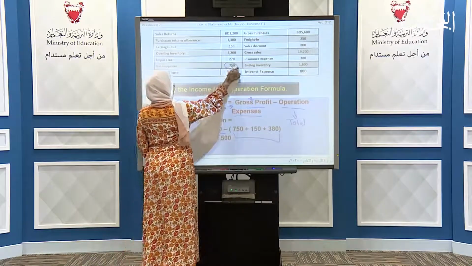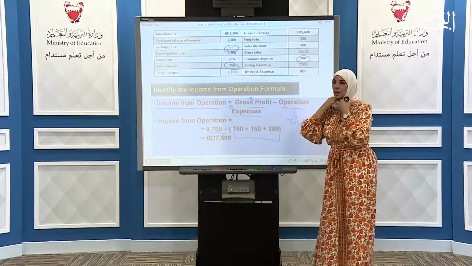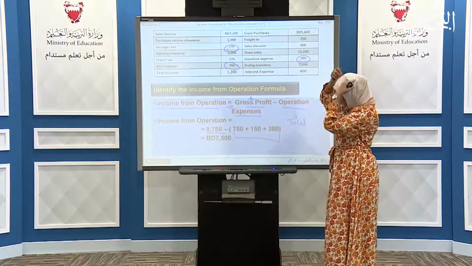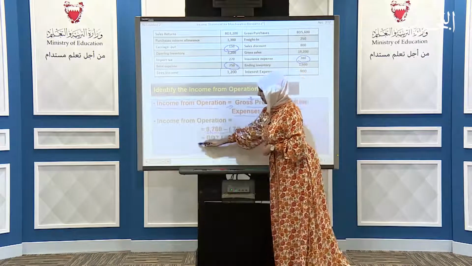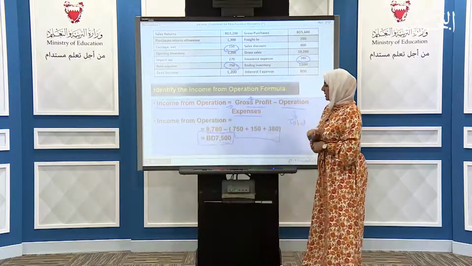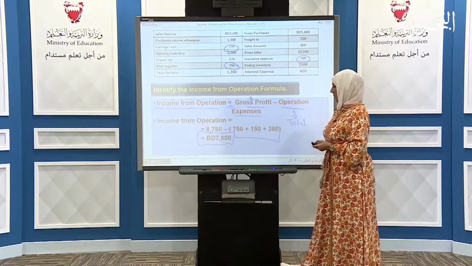I have the rent expense, the carriage out, and finally the insurance expense. All these three expenses are the operating expense for Abdullah Company. Finally, I will get the income from operation for the same company with a figure of 7,500.